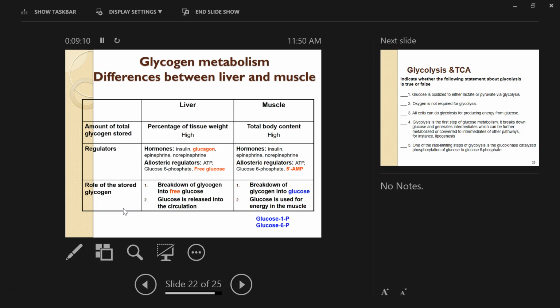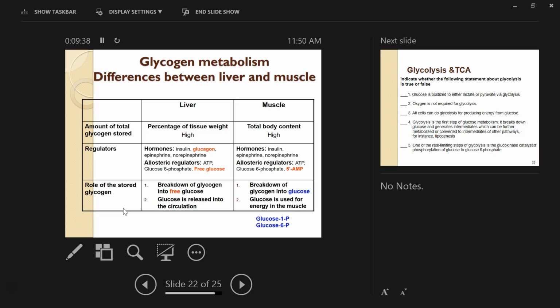They are slightly different. So, for example, the hormone glucagon only regulates liver glycogen metabolism but not muscle, right? And in terms of substrate, free glucose regulates liver but not muscle, and muscle glycogen metabolism is regulated by AMP, or something like this.